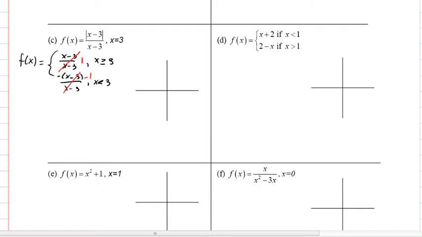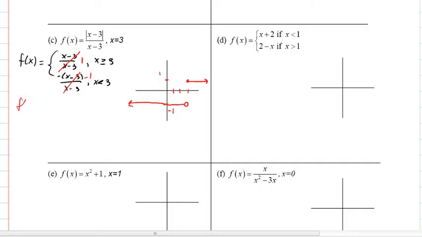So I have 1 here, negative 1 here, and then 1, 2, 3. So from x equals 3 and beyond, I have a positive 1 constant, and when x is less than 3, I have a negative constant function.